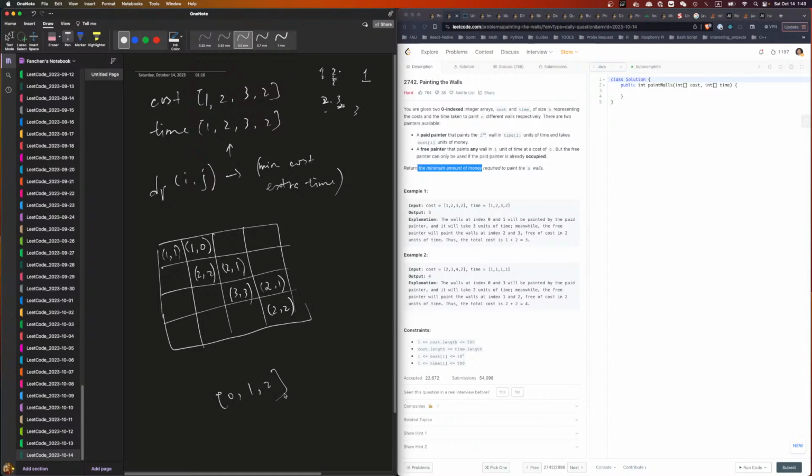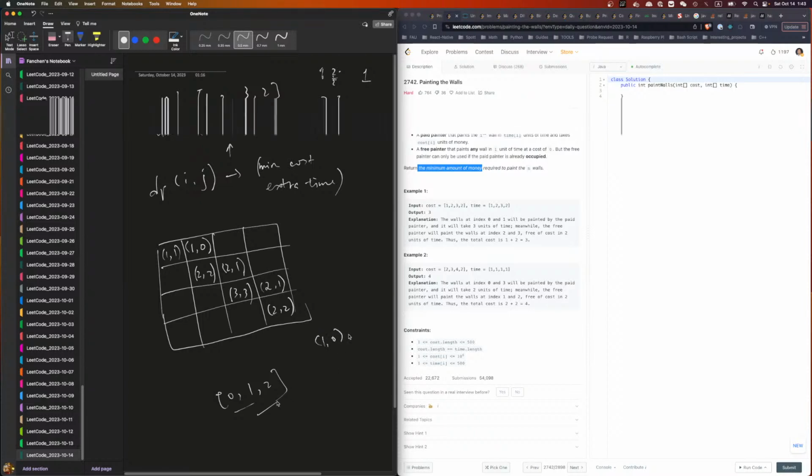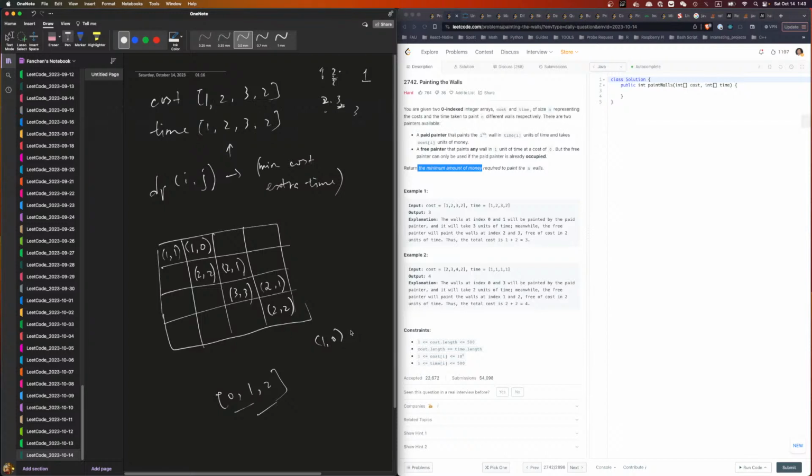There are different ways I can say, okay, how about 0, 1? If 0, 1 can include 2, that's one option. Or I can go 1, 2. 0, 1 does not include 2, so if we do that, we have to add 2, which will give you 3, 2.